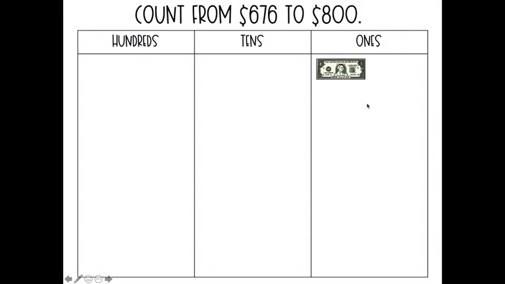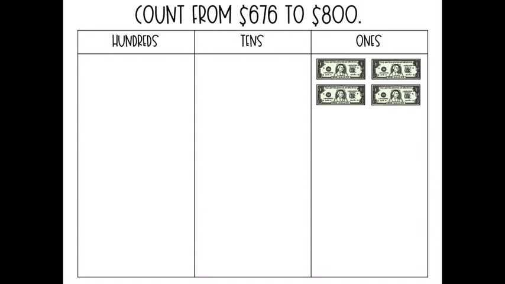677, 678, 679, 680. Now that we made it to 680, let's start counting by tens. 690, 700. Now that we're at 700, that's an even 100. We want to get from 700 to 800.